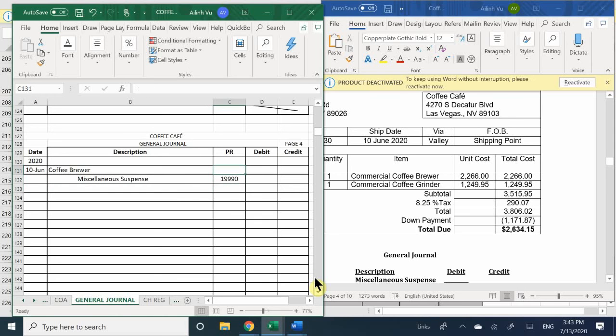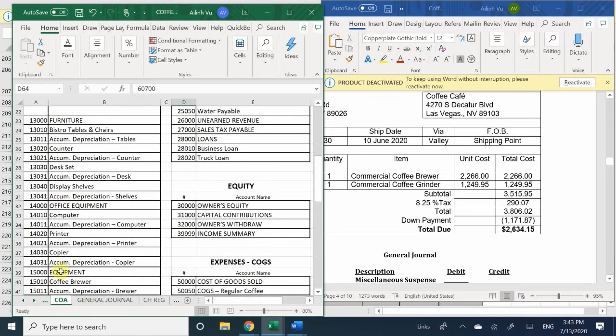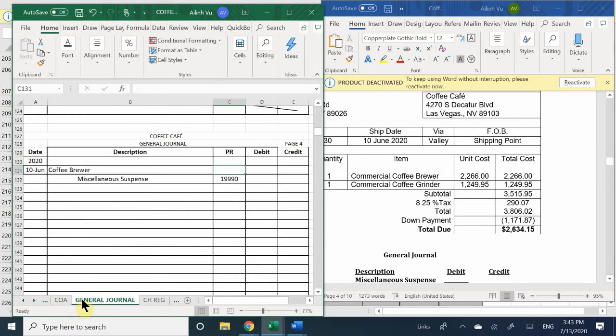What is my coffee brewer? 2266. Well, plus the tax, right? Wait, hold on. What is my account number for my coffee brewer? Oh, okay. 1510. Yes, 1510. Oh, no, 15010. Okay, so yes.